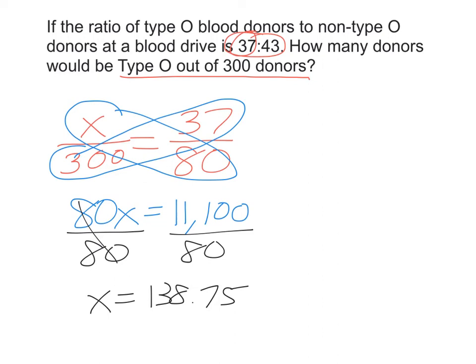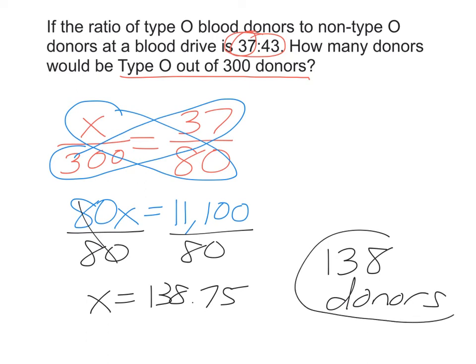Well, I can't have 0.75 of a donor. So what I do is I round it. I can either round up or down, but in this case, I'm going to say that there's 138 donors because I don't want to round up because then I think there's too many.